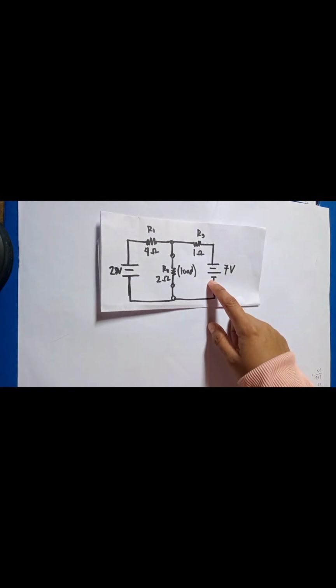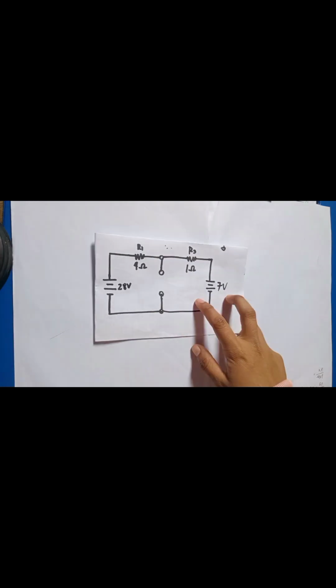So here is an example applying the steps of Norton's theorem to a linear circuit. Applying the first step, identify the load resistance, which is here, and remove it from the original circuit. And now this is the circuit. The next step is to find the Norton current.